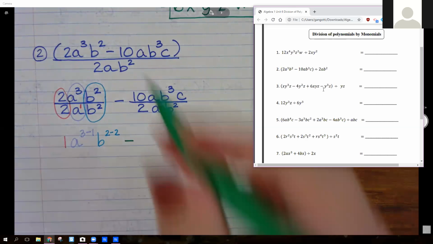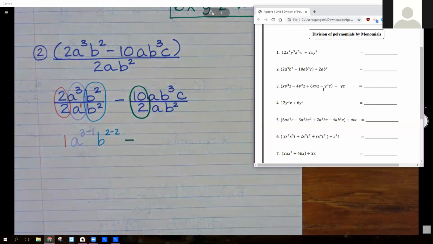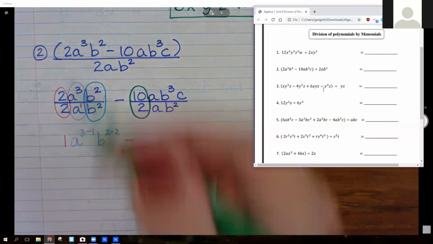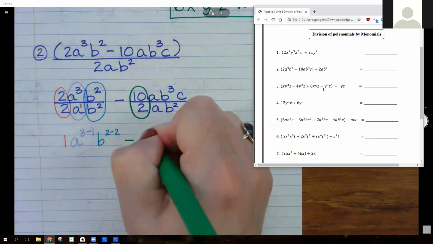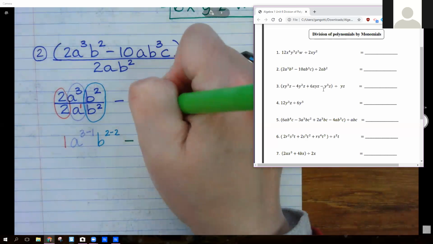Minus. Now we're going to divide these numbers. I'll give you a minute. I feel like I'm probably going too fast, maybe. You okay? Yeah. All right, good. So 10 divided by 2 is 5. Then remember these a's here, these have little 1s.